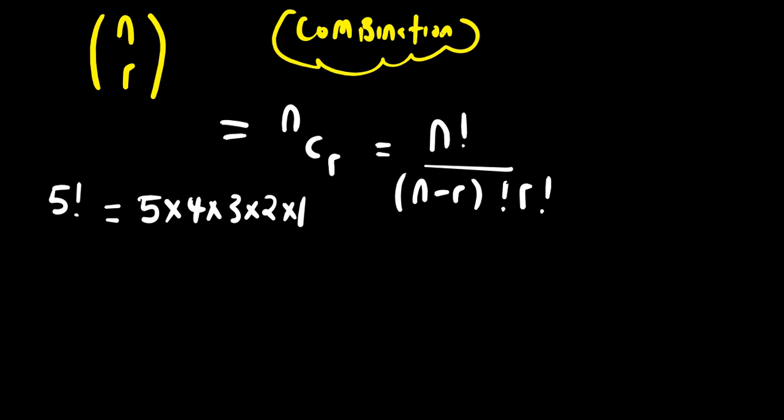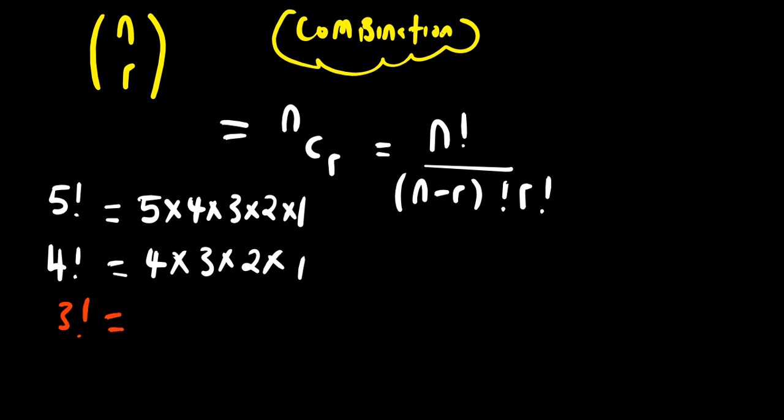Therefore, 4 factorial will be 4 multiplied by 3 multiplied by 2 multiplied by 1. 3 factorial will just be 3 multiplied by 2 multiplied by 1. 2 factorial will just be 2 multiplied by 1. 1 factorial will just be 1. So this is how you solve combinations.